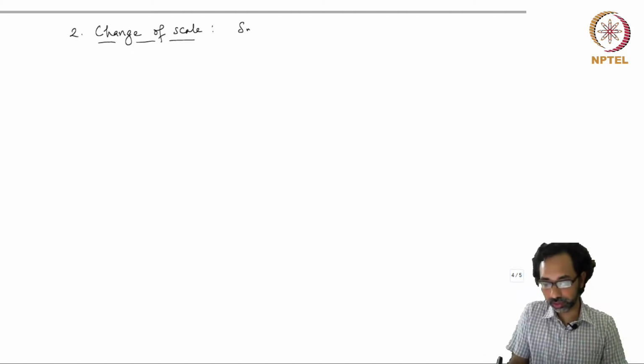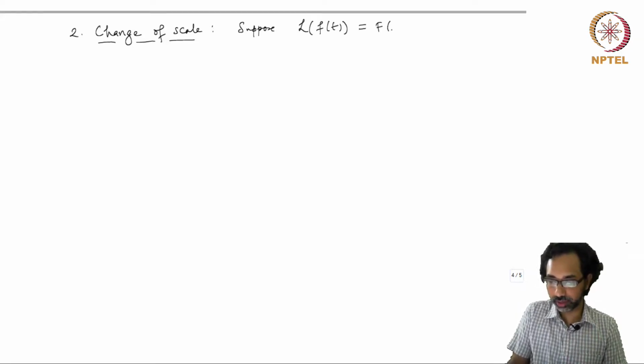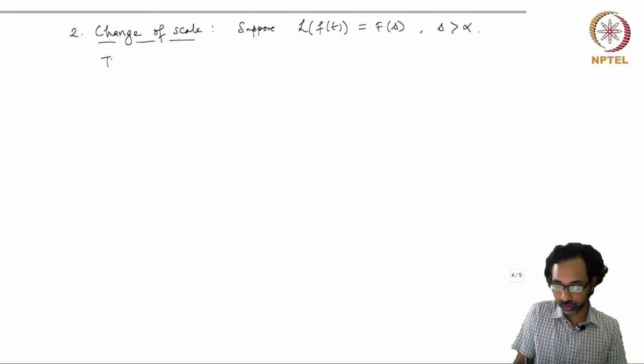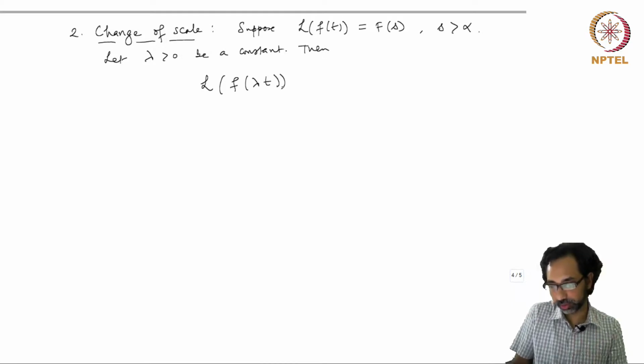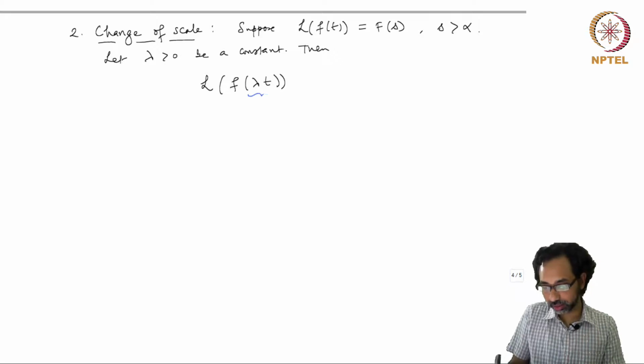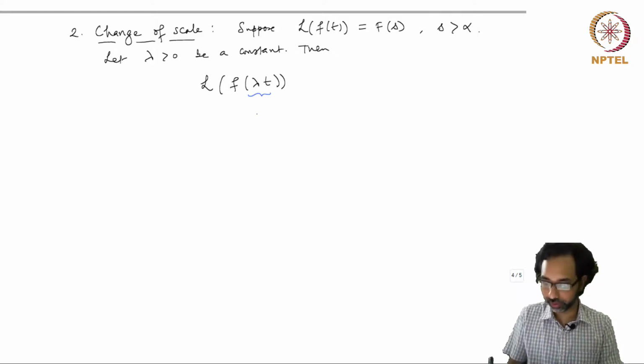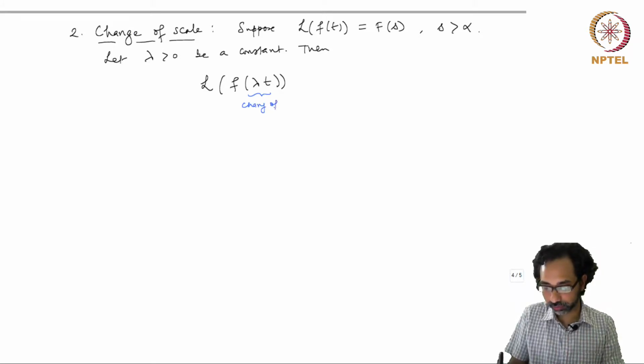This says that suppose that the Laplace transform of a function f(t) is given by some function capital F(s) for s greater than alpha, and so now suppose that lambda is a positive constant, then the Laplace transform of the function given by f of lambda t, so this is changing the scale of the domain of f by a factor of lambda, which is why it's called change of scale.